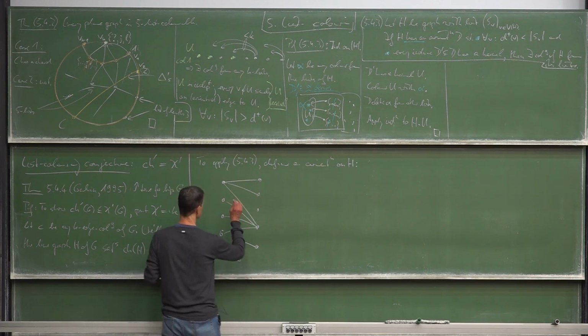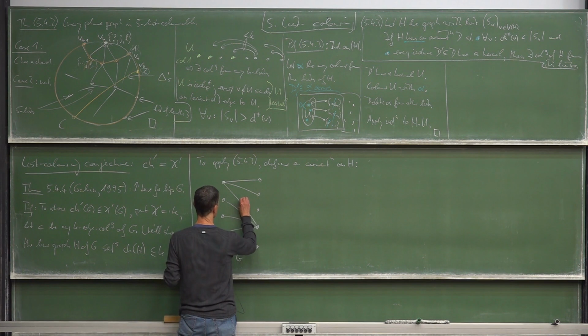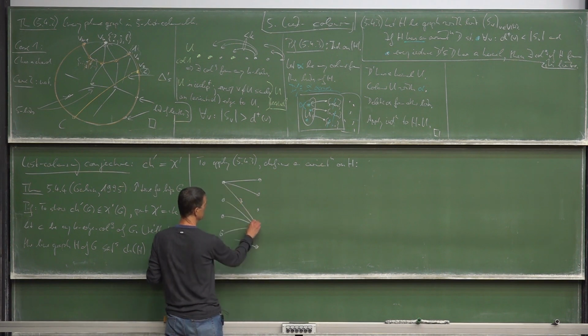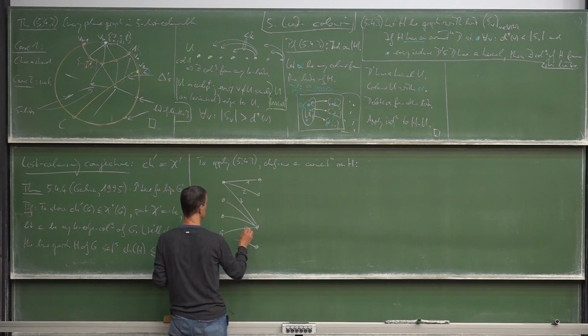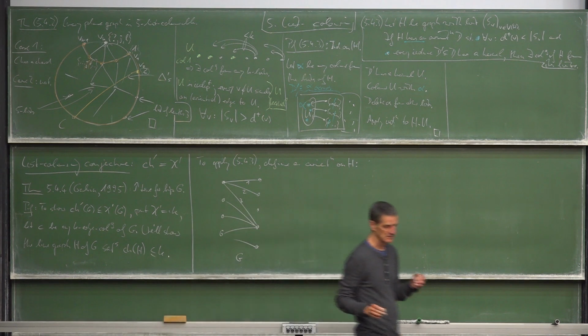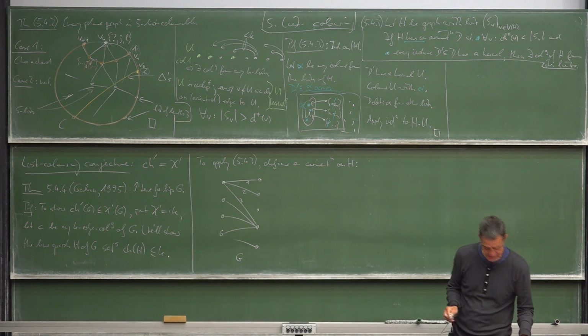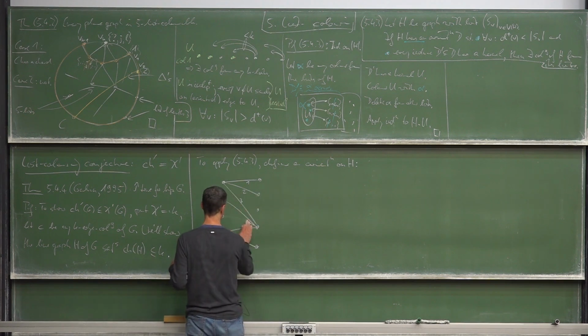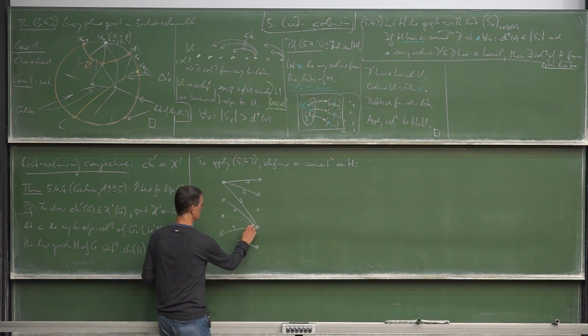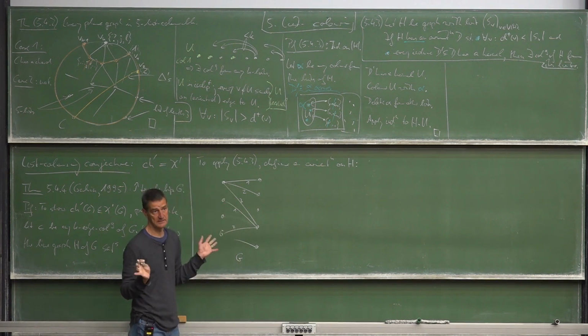Let me draw some colors here. This edge has color 3, this edge has color 2, this edge has color 1. Maybe color 1 here and color 2 there. Right? So the edges of G are colored with k colors.